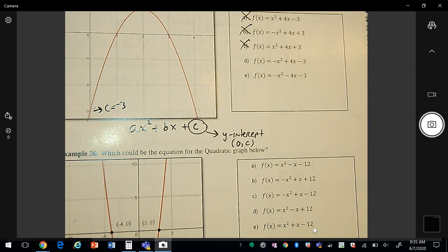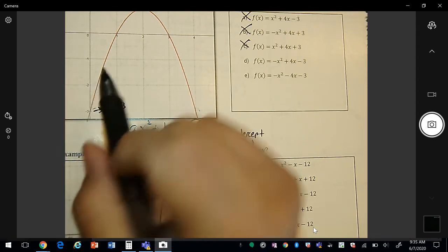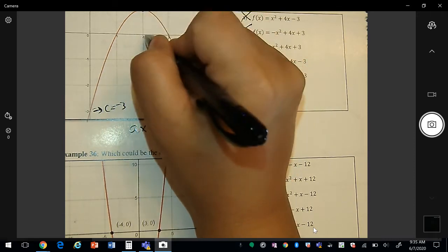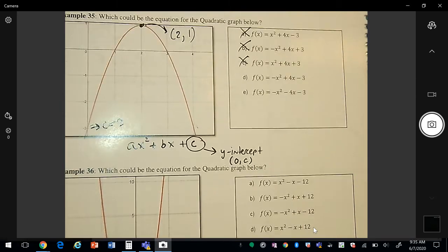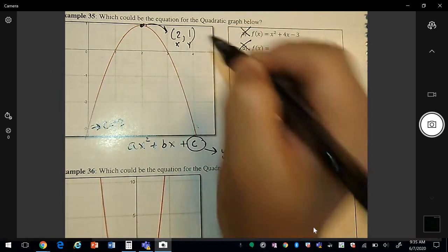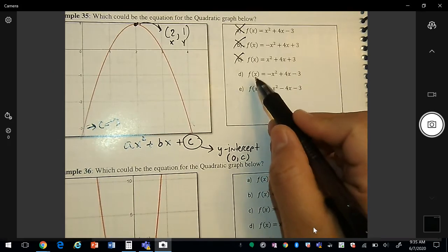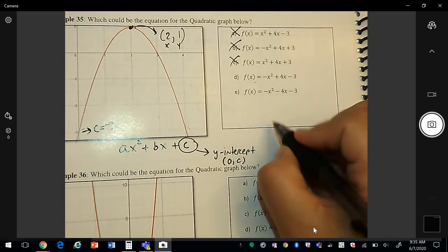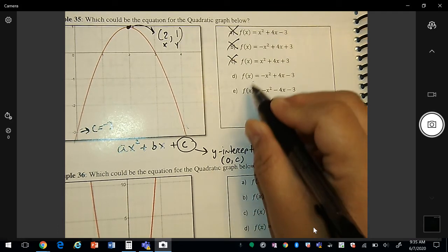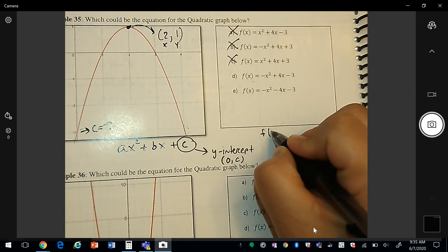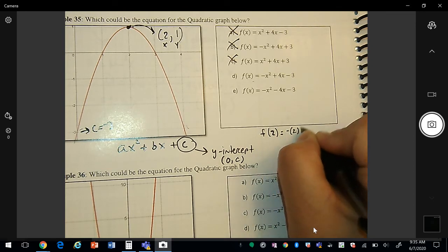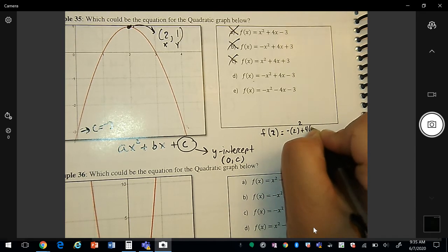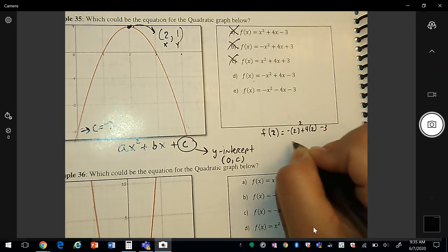And so now what we can do is pick another point. Let's say I use the vertex, and the vertex is x is 2 and y is 1. So this is my x and this is my y. So if I plug in the 2 for my x's here, let's do letter D first. f of 2 is equal to negative 2 squared plus 4 times 2 minus 3.